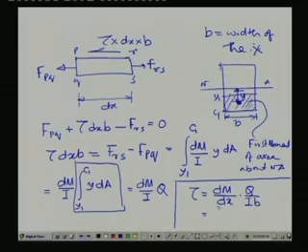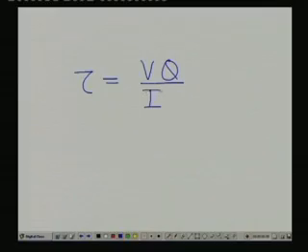What is dM by dx? We know this is nothing but the shear force V. So, what we get is an important relationship: tau equals VQ by IB.